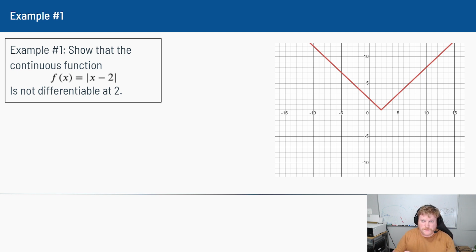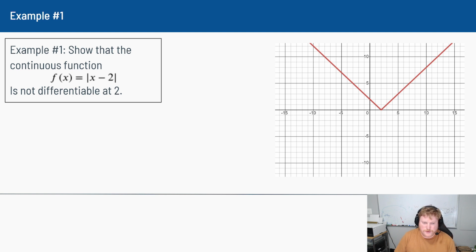In other words, really quick changes in the derivative mean that there is a point of non-differentiability. But again, this function is continuous on all real numbers, on its entire domain. Our goal here is to show that x equals 2 is a point of non-differentiability.